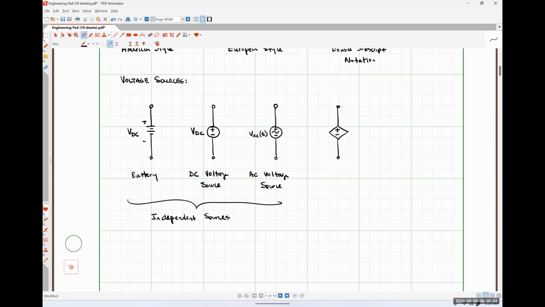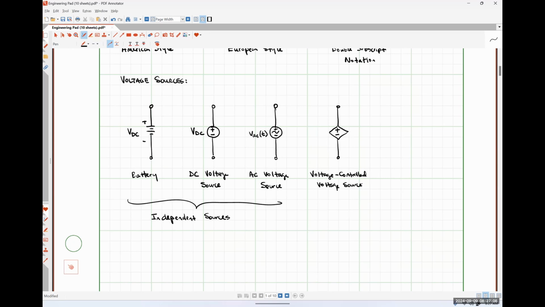And I'm going to choose for this particular source to be what's called a voltage controlled voltage source. Okay.